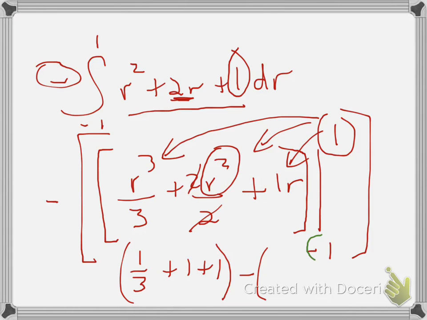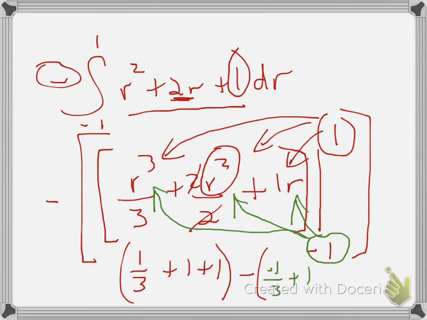Now we're going to take the lower bound, -1, store that in. That's the fundamental theorem of calculus that tells us to do that. Okay? So now we put the lower bound in. So -1 cubed is -1, and it's over 3. And then -1 squared is +1. And then 1 times -1 is -1. Okay, so we clean all of that up, and then eventually we negate it.